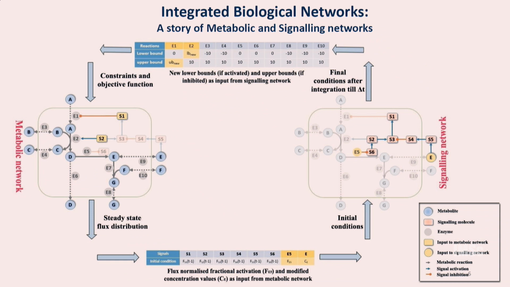Similarly, there is a huge community which looks at metabolic networks, typically at steady state, with flux balance analysis based approaches which put some constraints and an objective function in a particular scenario and try to understand how the metabolic pathways are getting lit up, or how biological systems use those pathways to perform certain tasks. And the question we asked is: can we combine these two different kinds of approaches, one based on optimization and another based on ODEs?